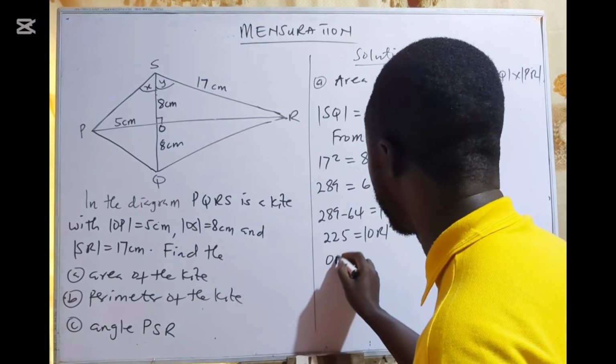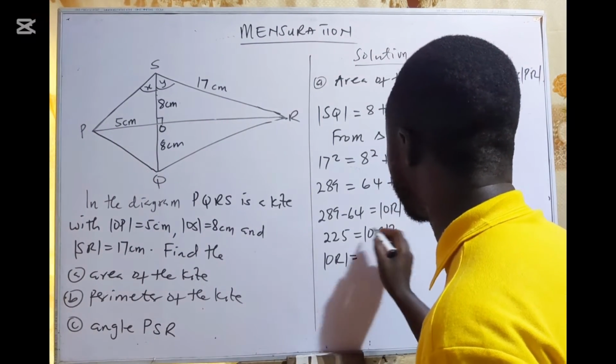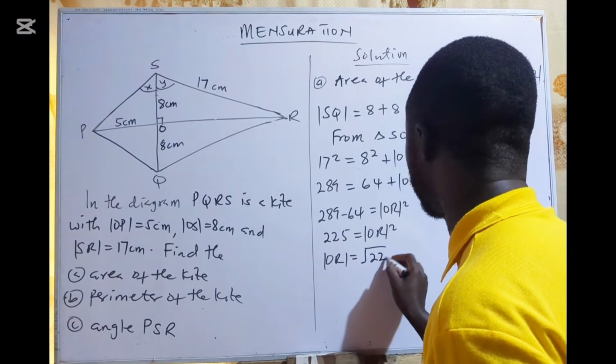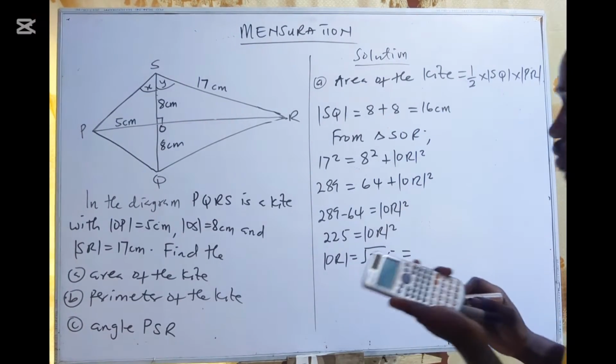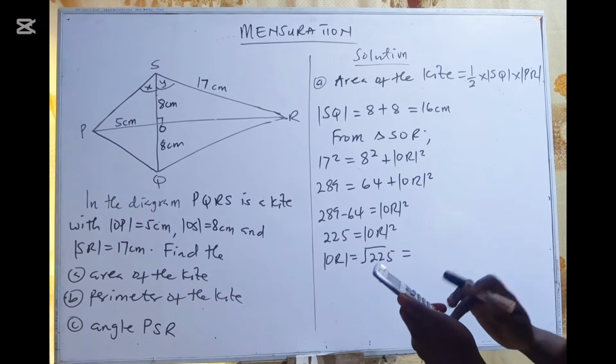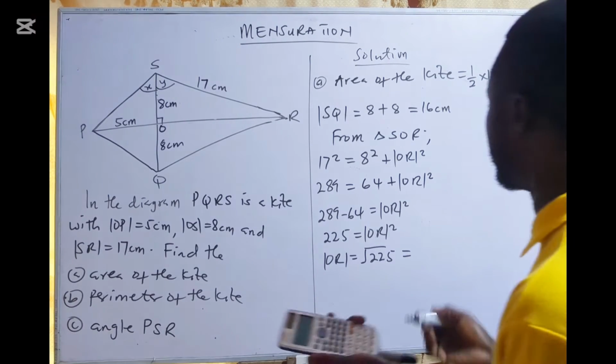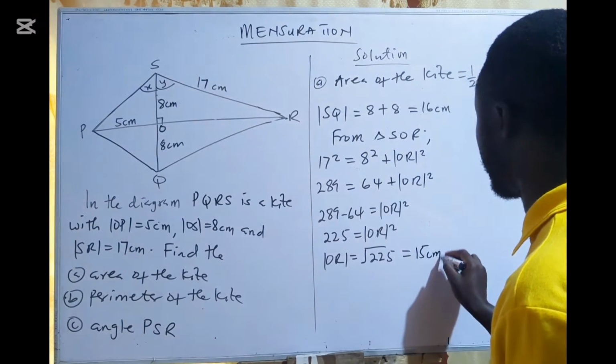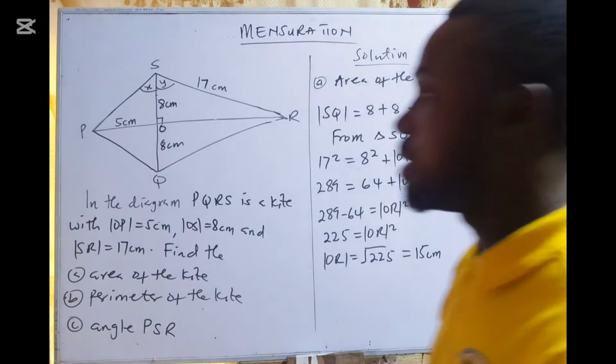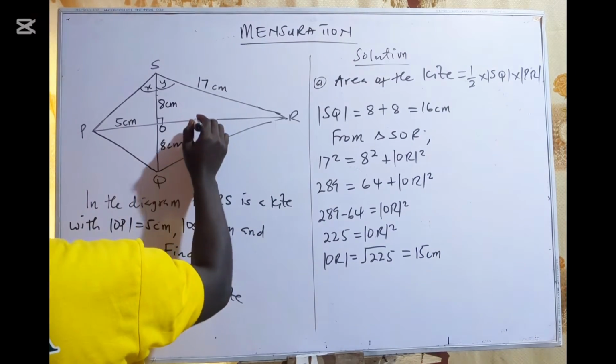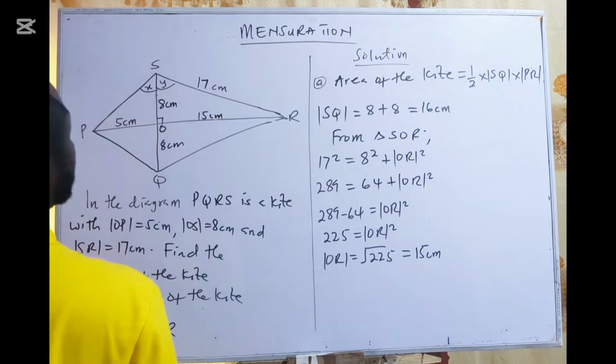So my OR will be equal to the square root of 225. The square root of 225 will give us 15 centimeters. So it means that my OR here is 15 centimeters.